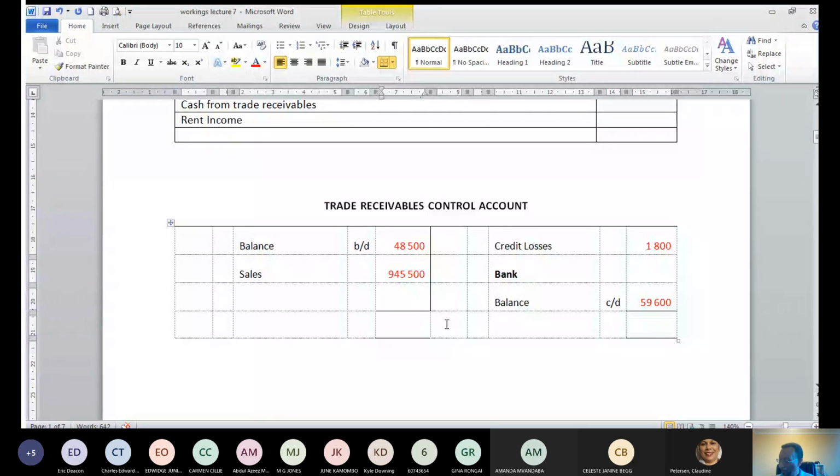You add now the 945,500, and that will give you a total of 994,000. Also on the credit side, you will put that amount of 994,000.